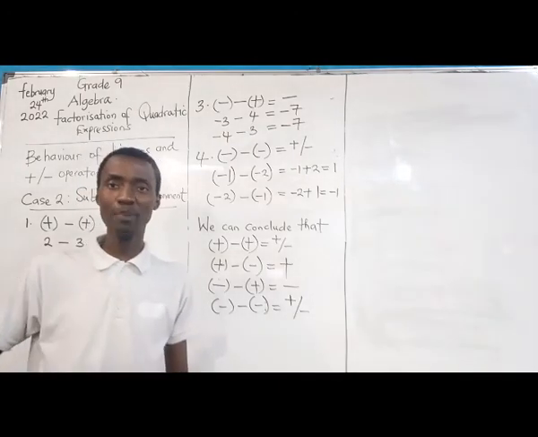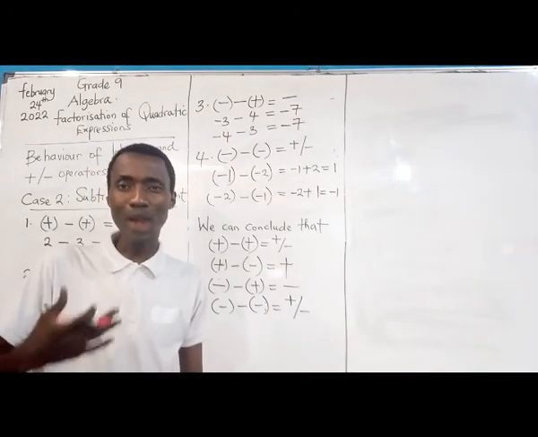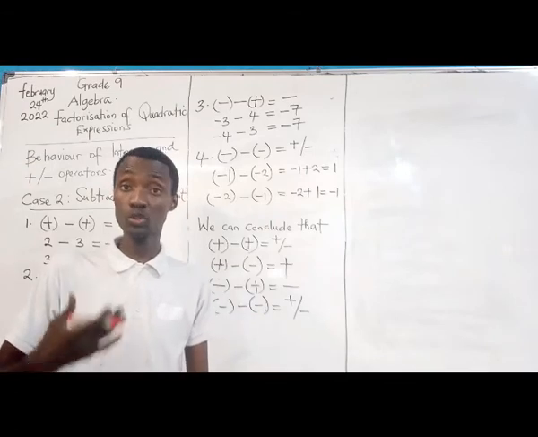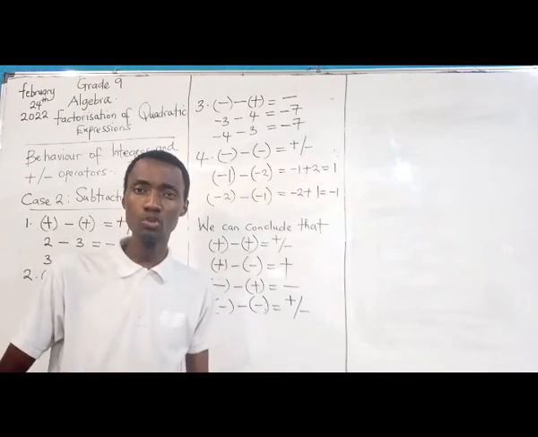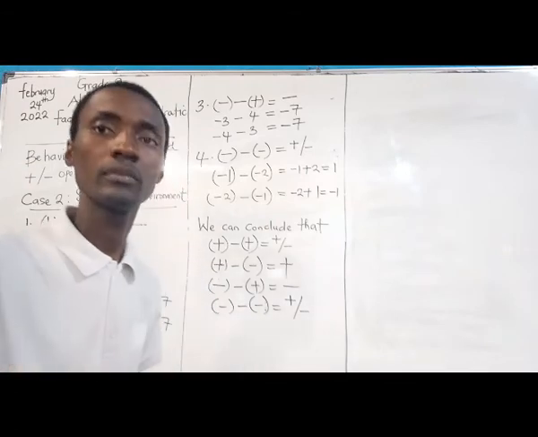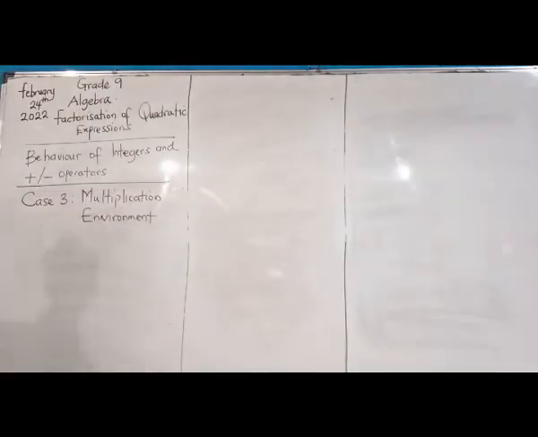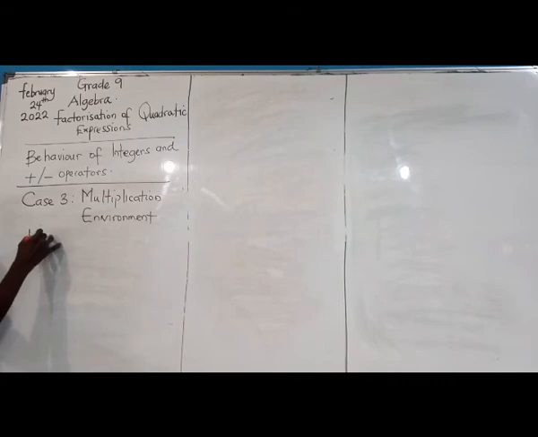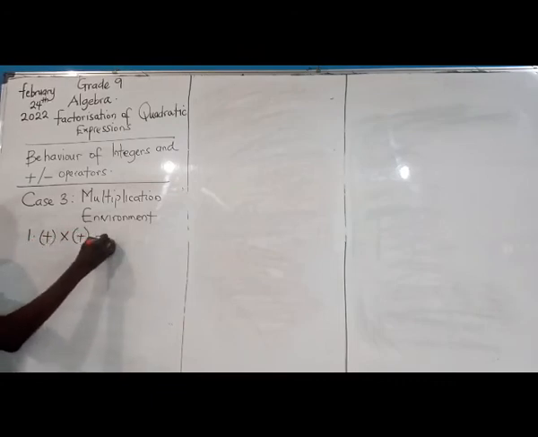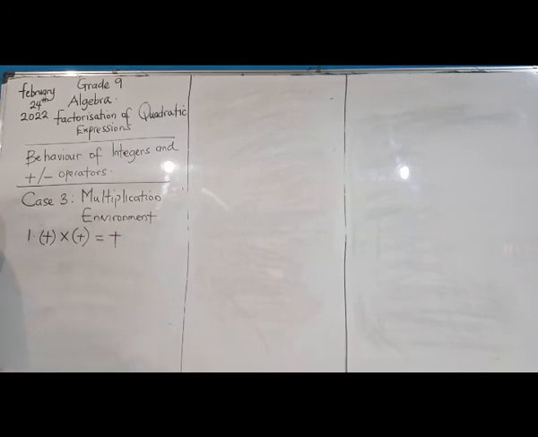It's important when you get back, you practice this. You practice this very, very well. And as you do so, you discover that your maths begins to improve. Alright, so we come to multiplication environment. Here, if I have a positive and I multiply it by a positive, I must get a positive. It's straightforward.